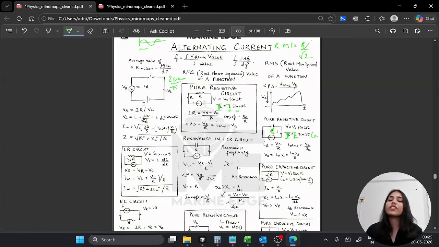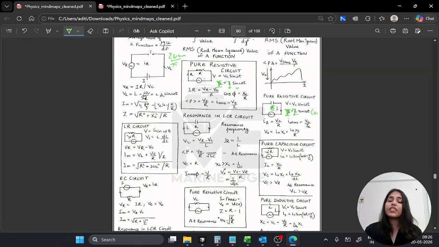Okay, so there is a phase difference between current and voltage, and current has a phase of 90 degrees higher than the voltage. All right, and I is equal to V upon XC, the same concept, and XC will be the capacitive reactance of the circuit. So as you can see here, V is equal to V naught sine omega t, and I is equal to I naught sine omega t plus pi by 2. Okay, and the resistance in this case will be due to the capacitor. So that will be capacitive reactance, right?